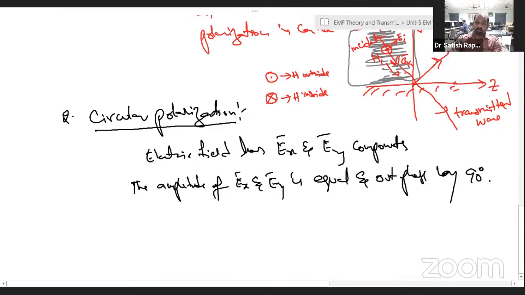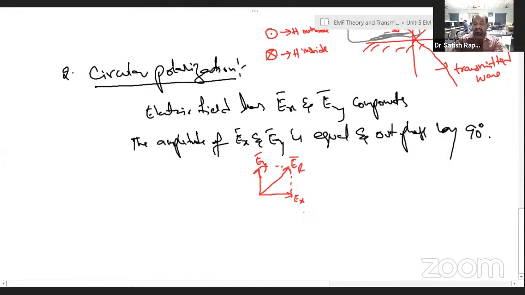Let me explain in detail. Let us say this is the electric field Ex and this is Ey bar. The resultant electric field is ER bar. So this is the resultant electric field at t equals t1.